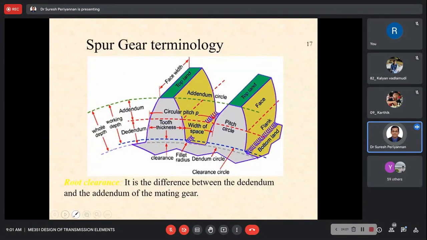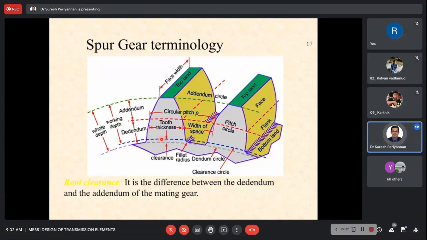Now, next, root clearance. See here, root clearance is the difference between the addendum and the dedendum of the mating gear. Dedendum minus addendum gives the root clearance.